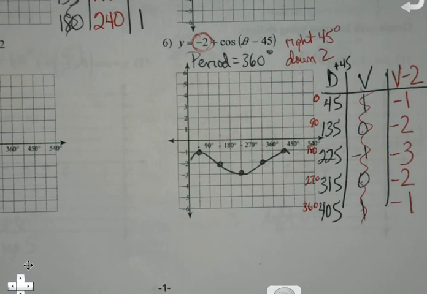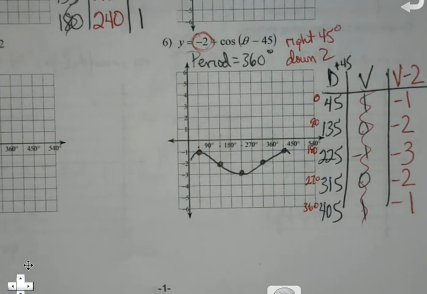So a lot of similarities to yesterday, except sometimes your value might change a little, sometimes the degree you're starting with might change a little. We're going to hold off and wait on radians until tomorrow.